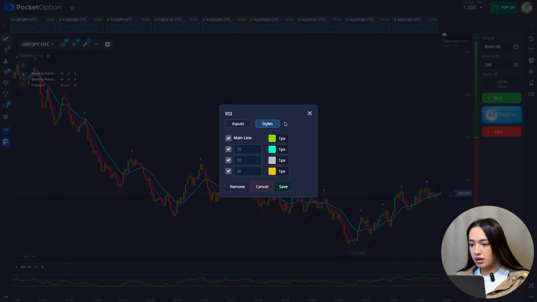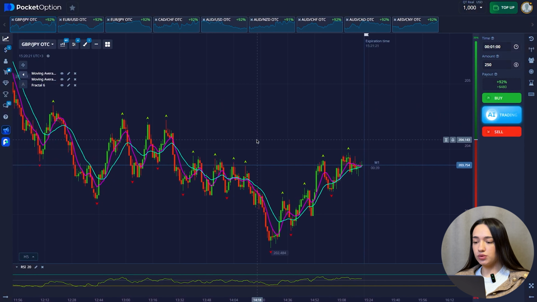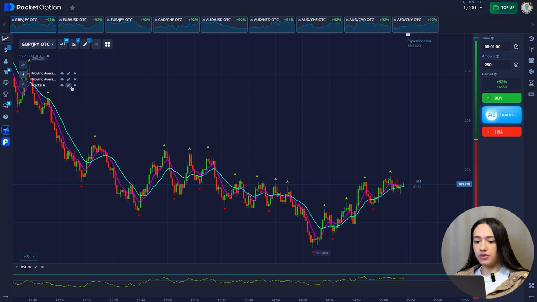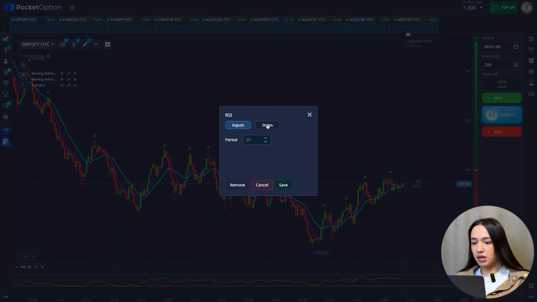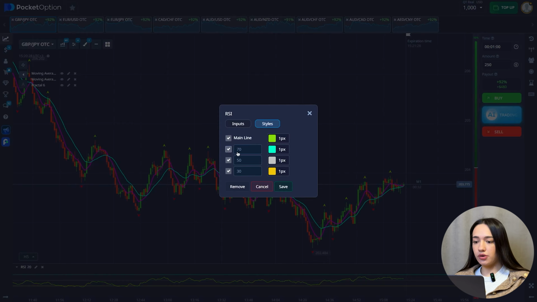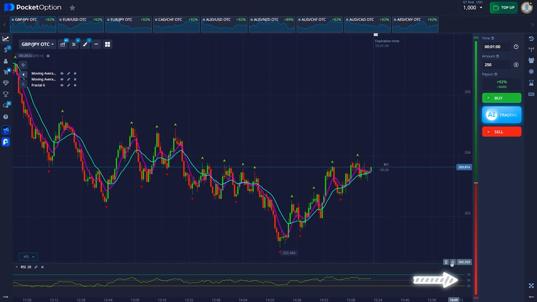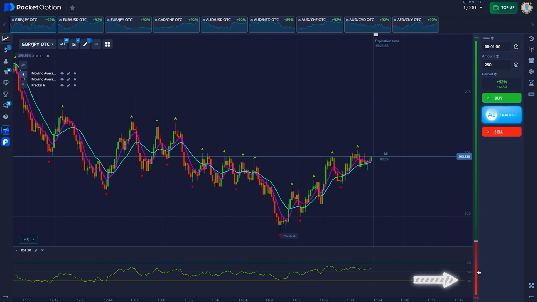In this tab, styles, we don't change anything. We leave everything at default. And here we also have the overbought and oversold areas, the overbought area at 70 and the oversold area at 30. Well, you can see these values on the bottom right of the oscillator.